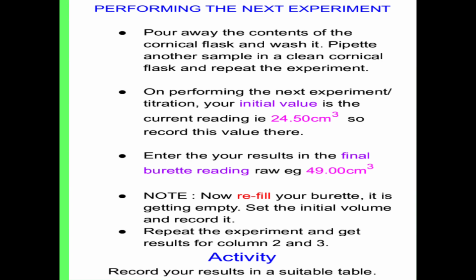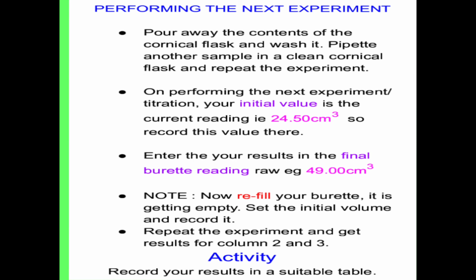When you look at that value critically, that value is very big, 49.00. It's big. Remember, our titer volume is around 24 point something. According to the rough one, our rough result has given us 24 point something.